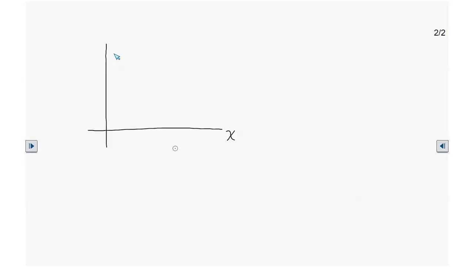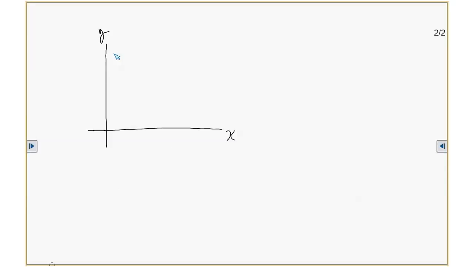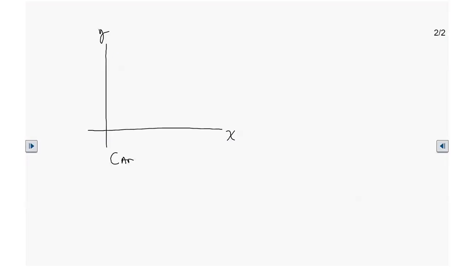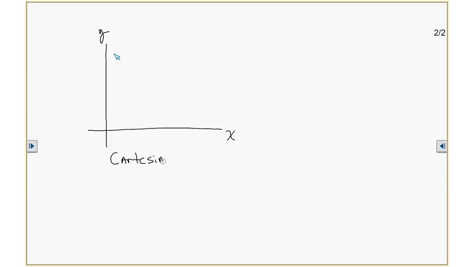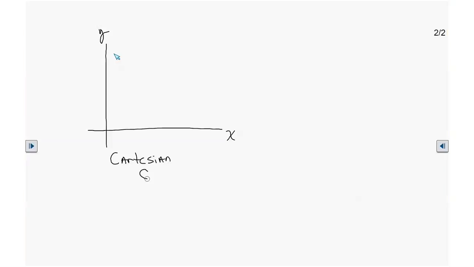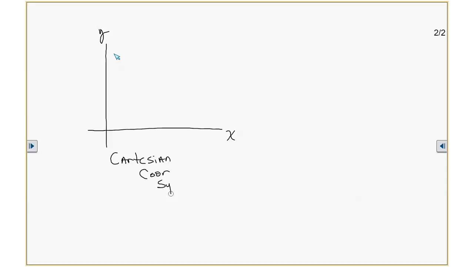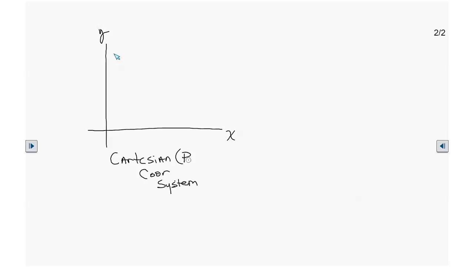Make the transition over from the Cartesian coordinate system. And Cartesian coordinate system is what nobody calls it. Basically, the Cartesian coordinate system is called what?